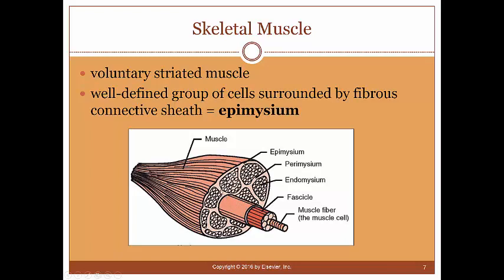Joining all these fascicles that make up a muscle together, you're going to have something called perimysium, which holds the fascicles and the endomysiums together. Lastly, what we physically see on the outside of a muscle is the outer muscle fascia, known as epimysium. So epimysium is this outer fascia that surrounds the whole muscle.